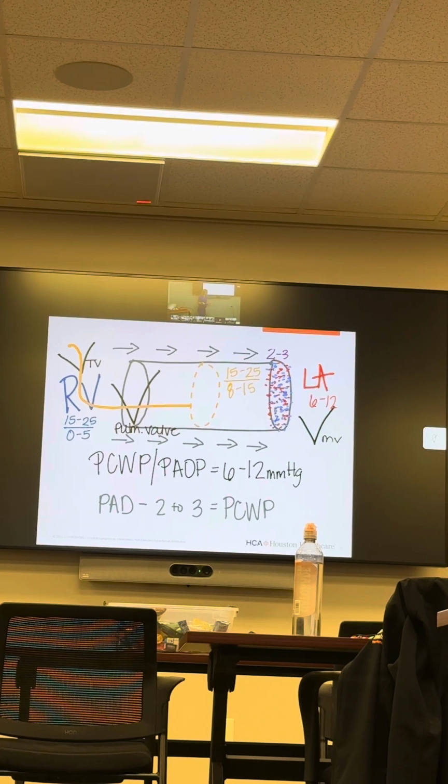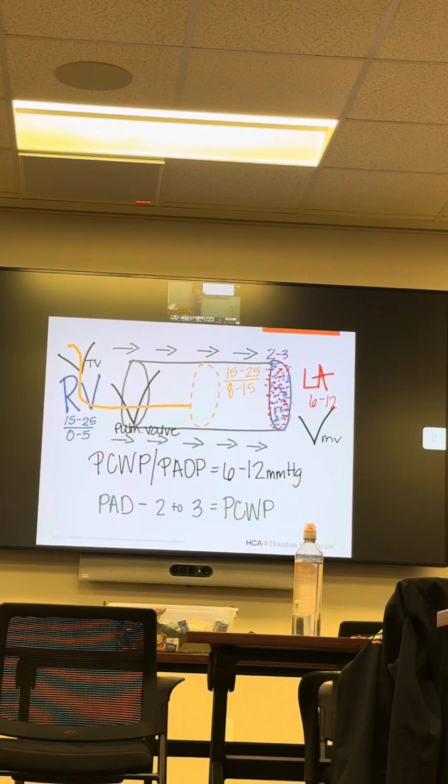So, you just do simple math, all right? And if my first grader can do it, I bet you can too. So, all you need to do is think, PA diastolic minus 2 to 3 is equal to my wedge. Just take out that pulmonary capillary bed. 8 minus 2 equals 6. 15 minus 3 equals 12.